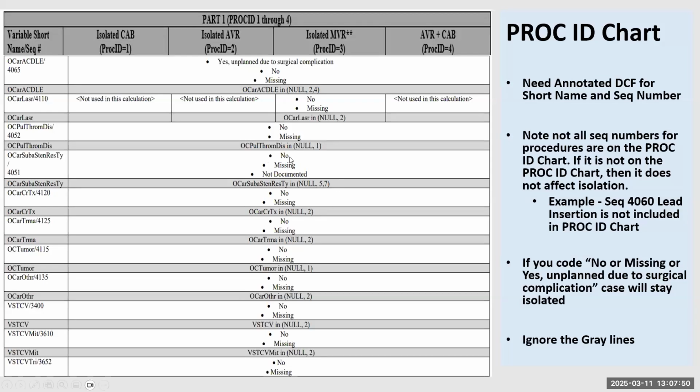Okay, so the things in these white rows tell you if you code this way, it's not going to affect your case isolation. And remember, just ignore these computer null 2, null 2, 1, those are lingo. Just ignore them or they'll confuse you even more. It took me forever to figure out what they were.